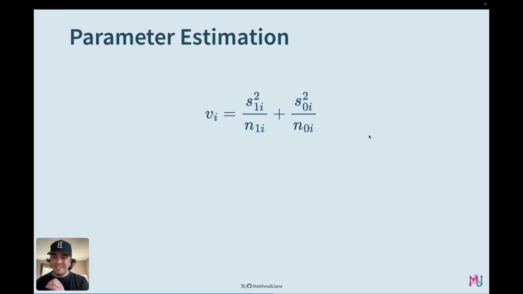For the case of mean differences, we can calculate the sampling variance by taking the variance of the vocab scores of group 1 from study i and group 0 of study i, and dividing each by their corresponding within-group sample size. So the sample size of the college students and the sample size of the non-college students.